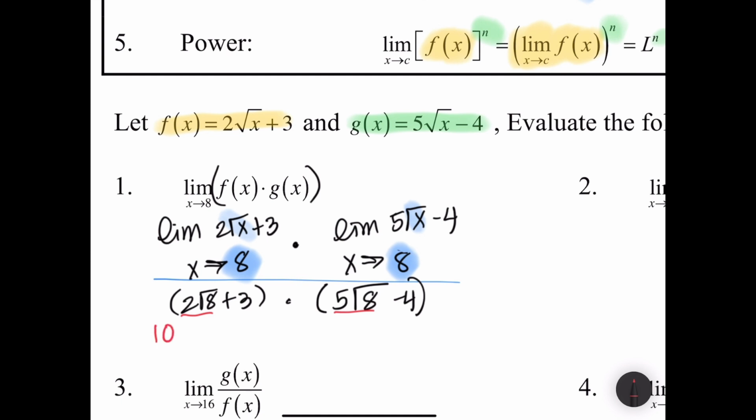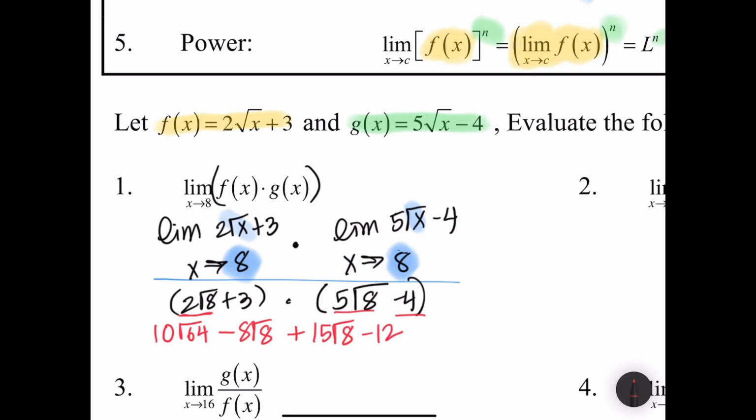And radical 8 times radical 8 is radical 64. Okay. Outer, I'm going to multiply 2 radical 8 and negative 4. So I'm going to get negative 8 radical 8. Inner, 3 times 5 radical 8 is going to give me 15 radical 8. And last, positive 3 times negative 4 is negative 12.